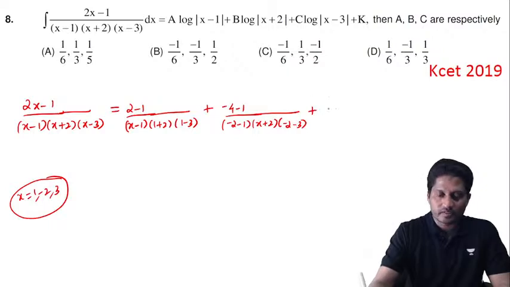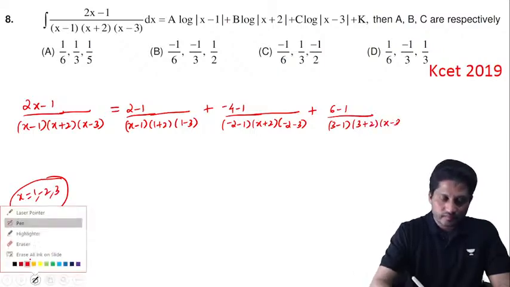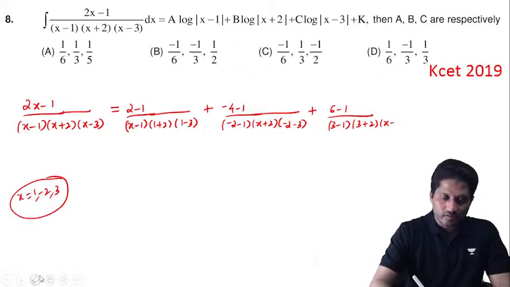Once you're done, you put plus. Put 3 now: 3 into 2 is 6, 6 minus 1 divided by 3 minus 1 into 3 plus 2, into x minus 3. Now let us simplify.